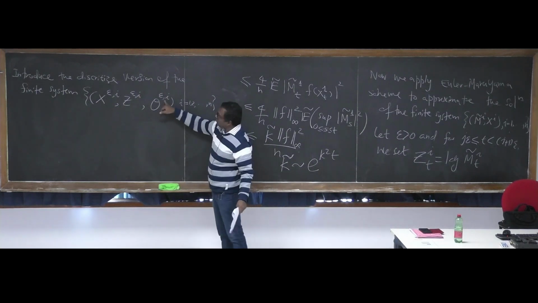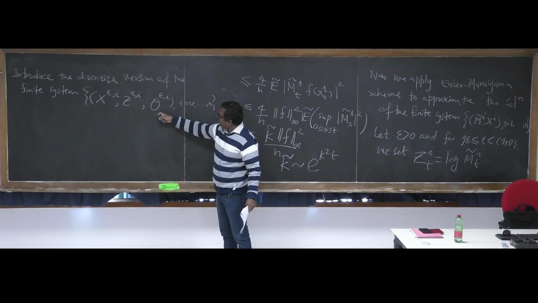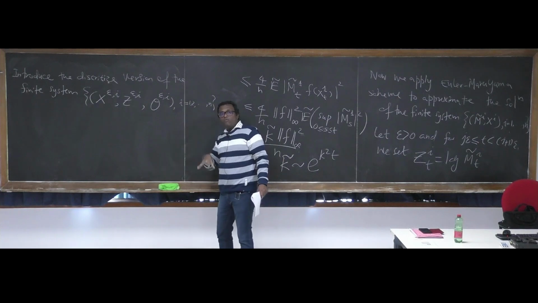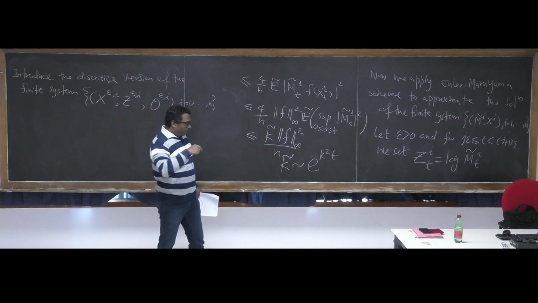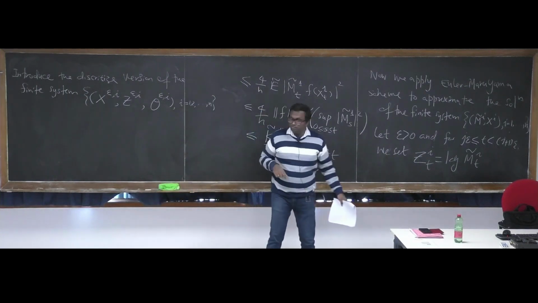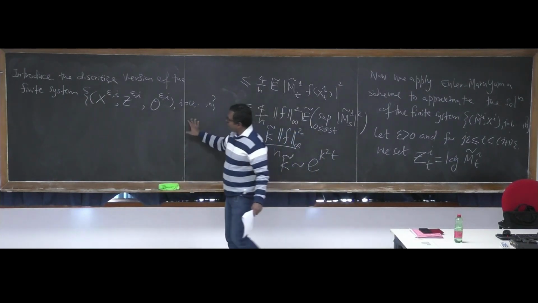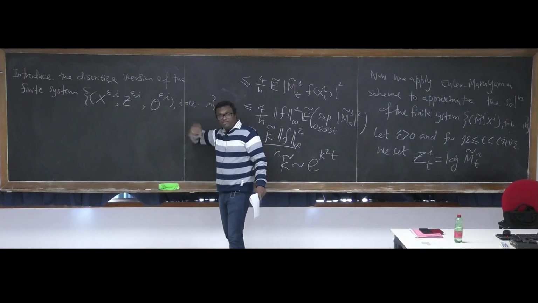So theta epsilon is the empirical measure of the discretized version of the finite interacting particle system. Okay, this is the empirical measure for the discretized version.